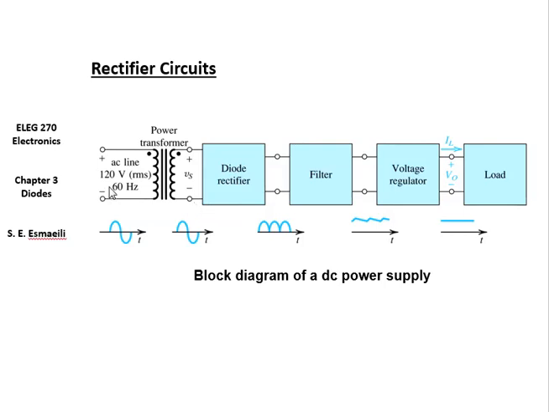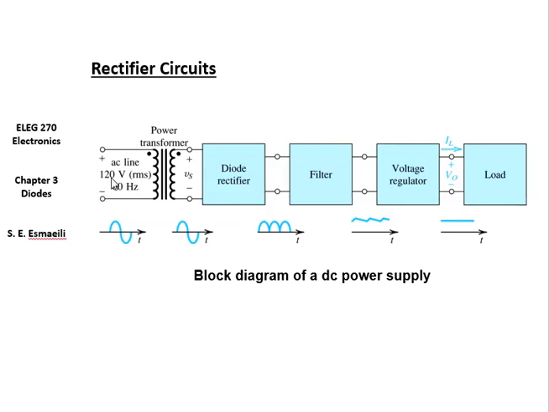This block diagram shows what is inside a rectifier. First, there is a step-down transformer. Why? Because your plug has 220 volts AC, or in North America 120 volts AC, but your phone needs a maximum of 5 volts.